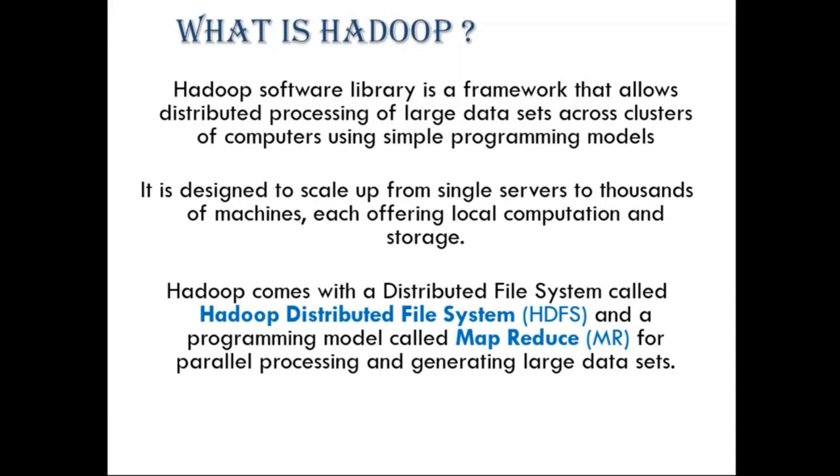One is HDFS, the Hadoop Distributed File System, and another is a programming model called MapReduce, or MR in short. But MR is slowly becoming obsolete, so we will concentrate on other architectures which are currently very good in the market, like Spark, Kafka, and many other things.